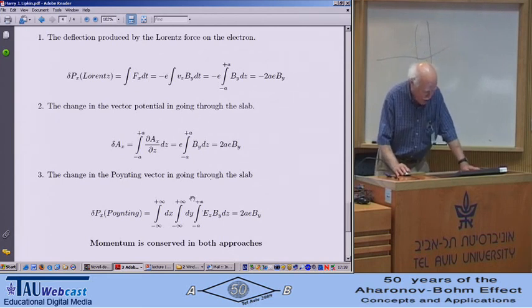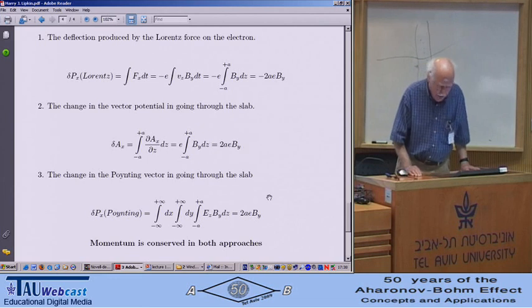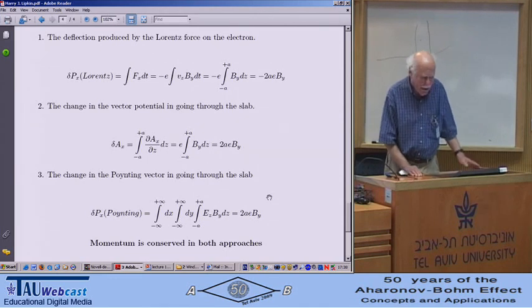And then, of course, there's a change in the Poynting vector, and that's simply E x B_y integrated over everything. It's a more complicated integral, but it works and gives you the right answer.